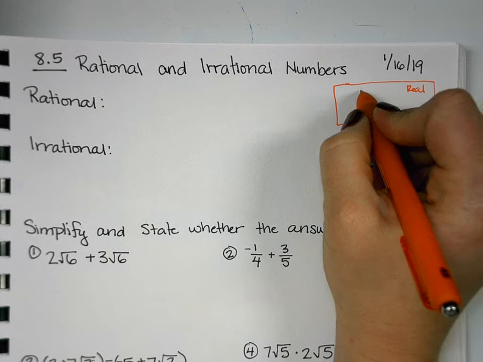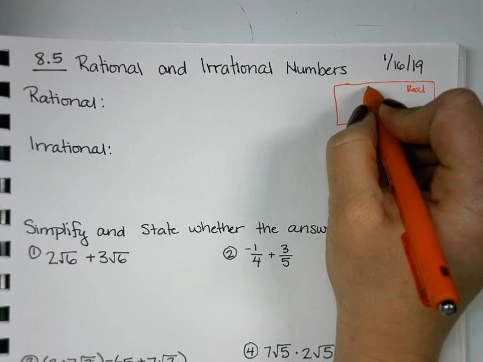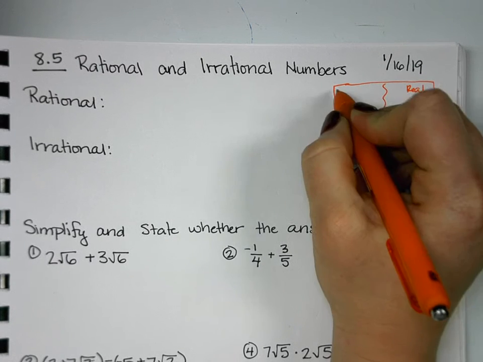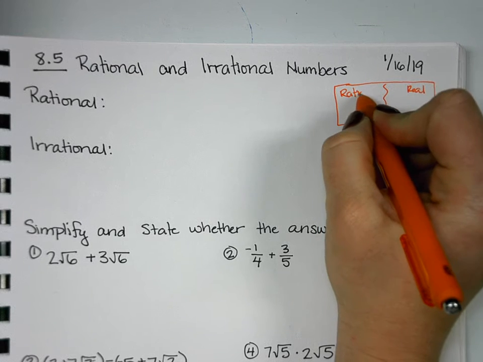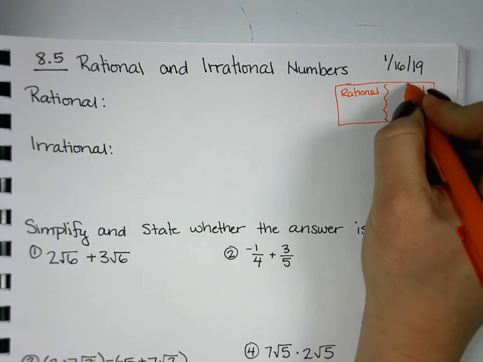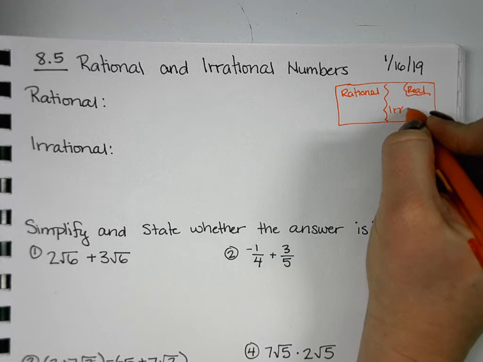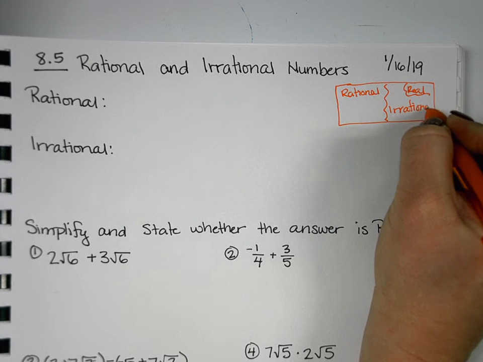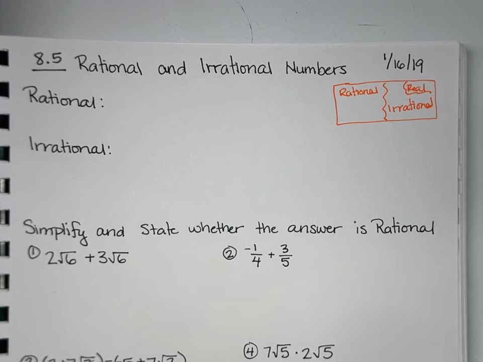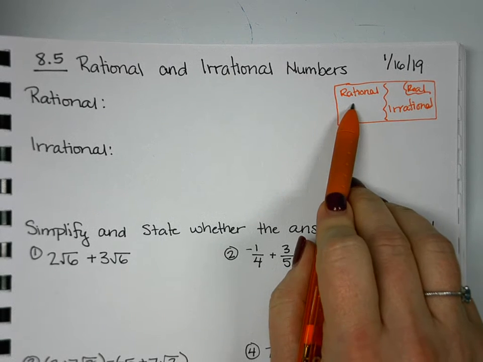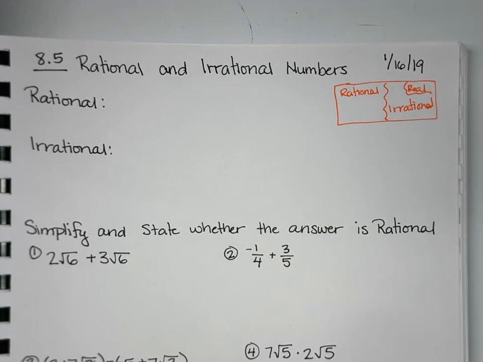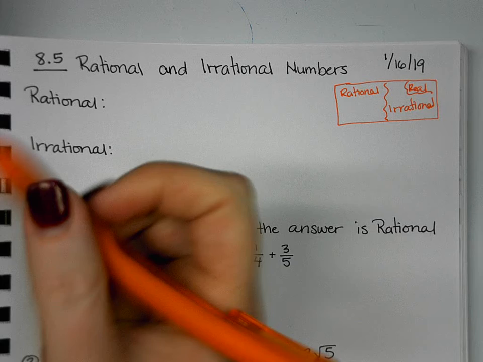Within the real numbers, which is this really large group, there's a type that we call rational, and the other type called irrational. But they're all real numbers. So today we're going to look specifically at the difference between rational and irrational numbers.